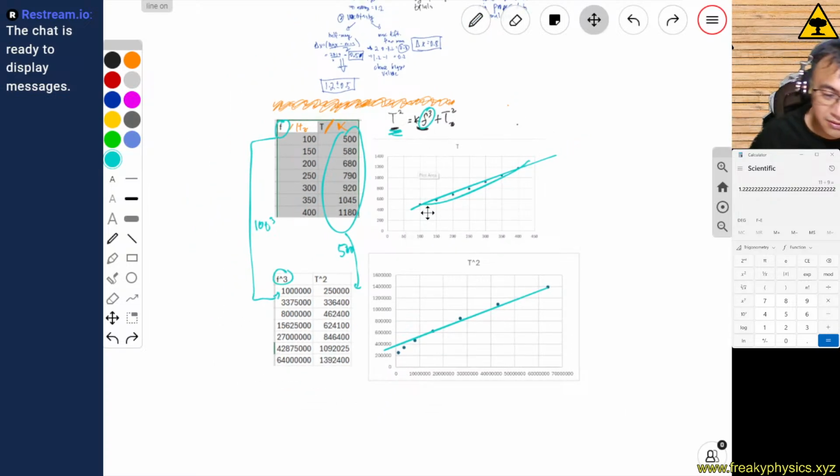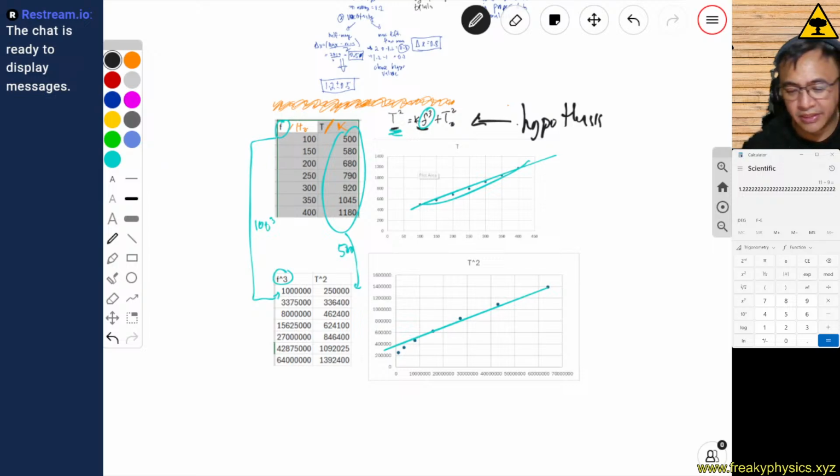The idea here is that the question will either be, does the data support the hypothesis? So basically this is our hypothesis, right? Okay, so that's our hypothesis, and in this case, does this support the hypothesis?